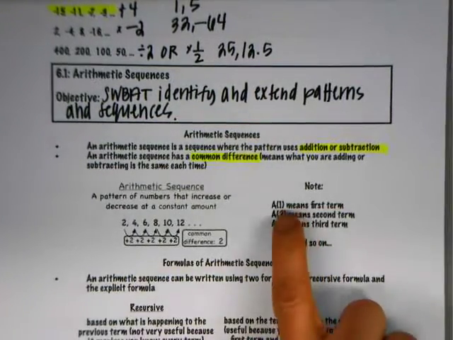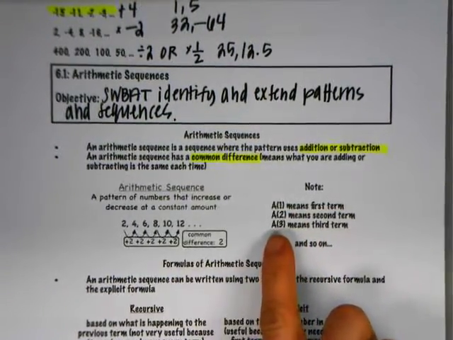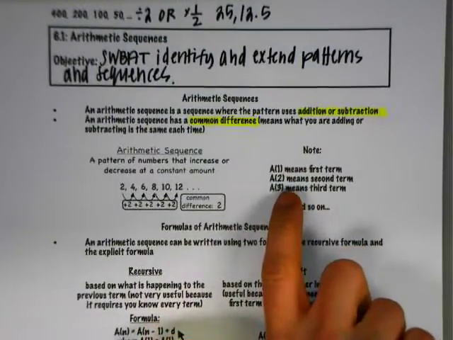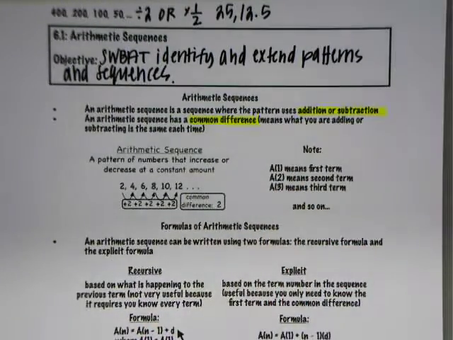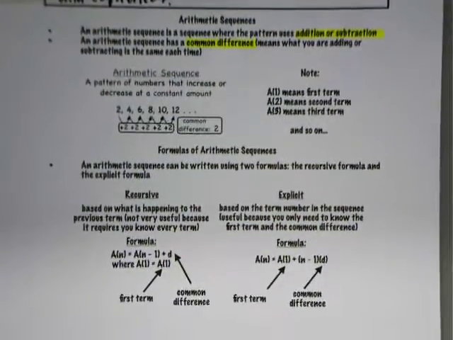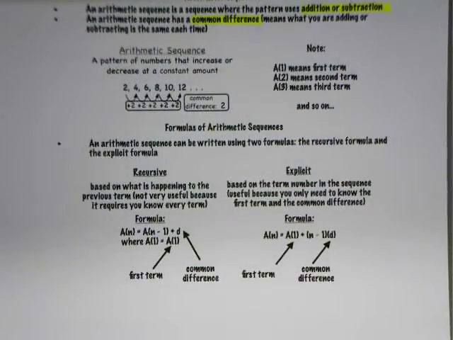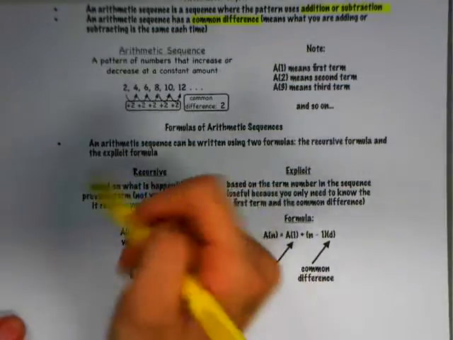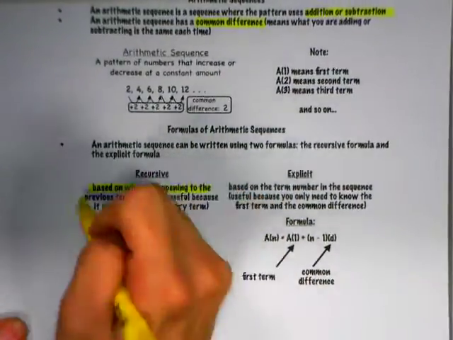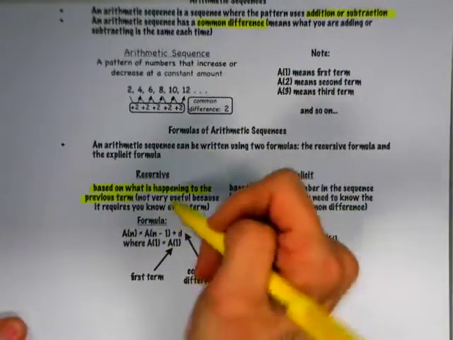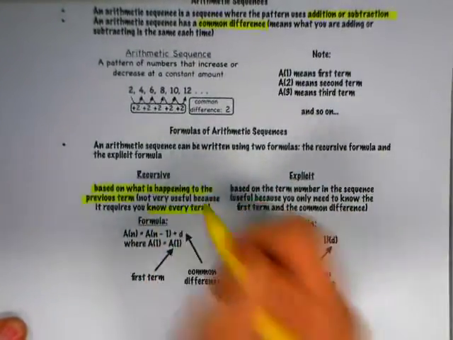And then this is just formatting stuff. So like A of 1, A of 2, A of 3, that's the term number, like what number it is in the list. There are 2 types of formulas for arithmetic sequences: recursive and explicit. The recursive formula is based on what's happening to the previous term, so we have to know every term.